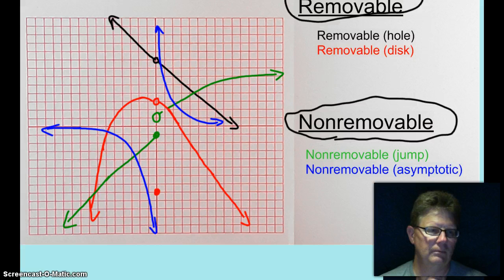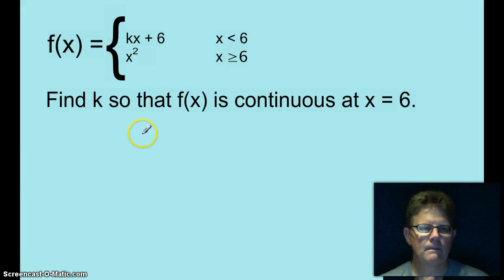Hey, we're almost done. Alright, f of x is another piecewise function. Kx plus 6 for x less than 6, and x squared where x is greater than or equal to 6. Find a k, some number, so that f of x is continuous at x equals 6.